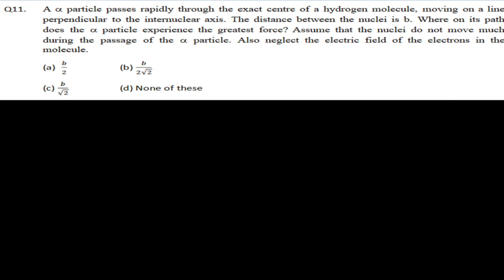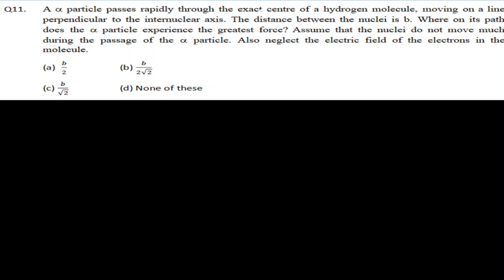Then take a look at question number 11. So what has been written in question number 11? Two alpha particles pass rapidly through the exact center of a hydrogen molecule, moving on a line perpendicular to the internuclear axis.